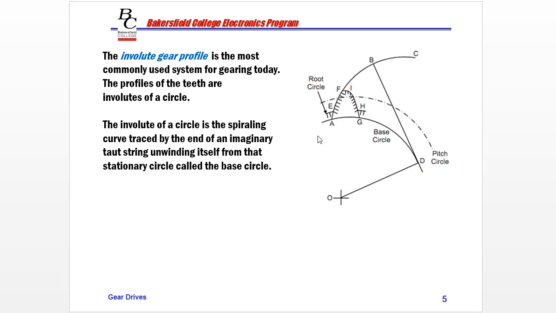It's like the spiraling curve traced by the end of an imaginary taut string, this being the taut string here, unwinding itself from the stationary circle called the base. And this is the base right here. So that gives us this rounded, curved tooth profile, which we call an involute.